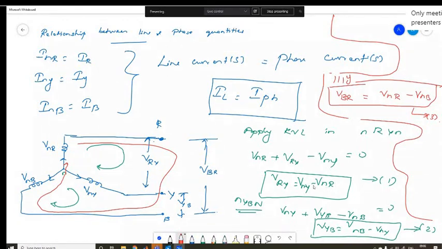The minus sign indicates I have just reversed the direction of the vector and then I am adding. So please be aware that VRY, VNY, VNR, VBR, VNB, all these are vector quantities.